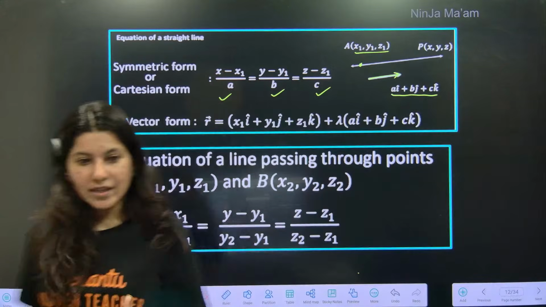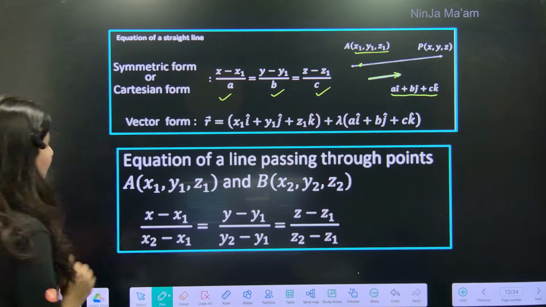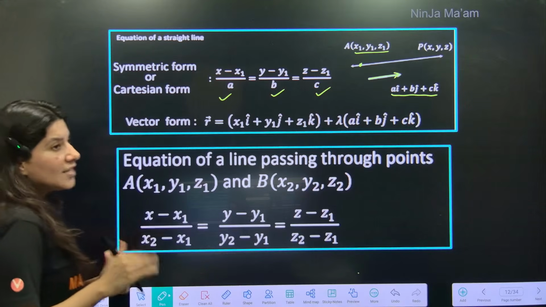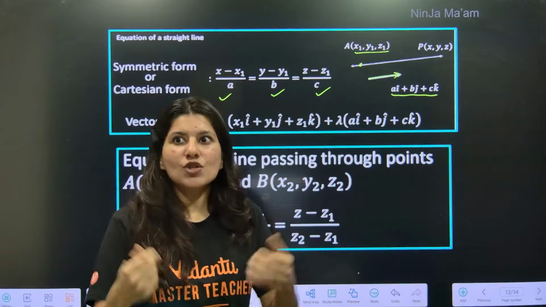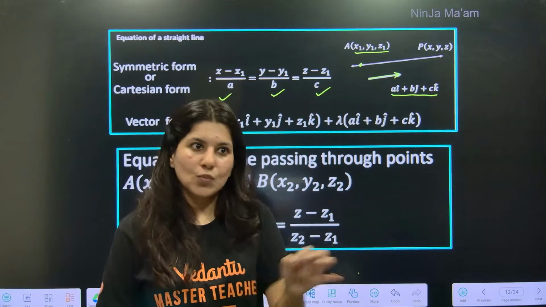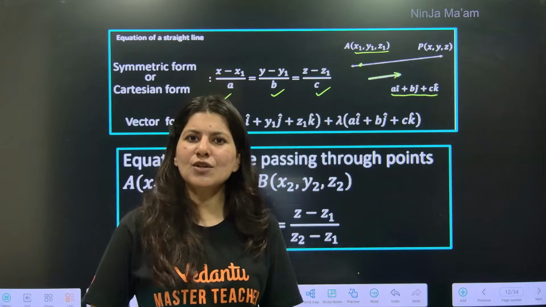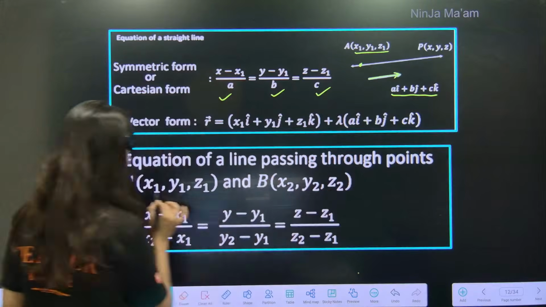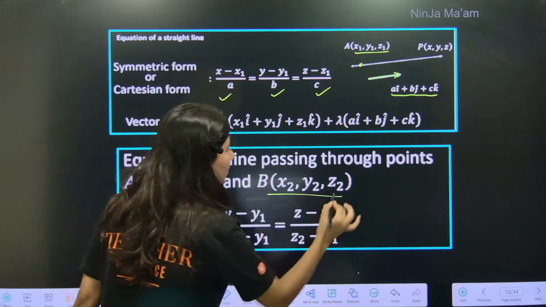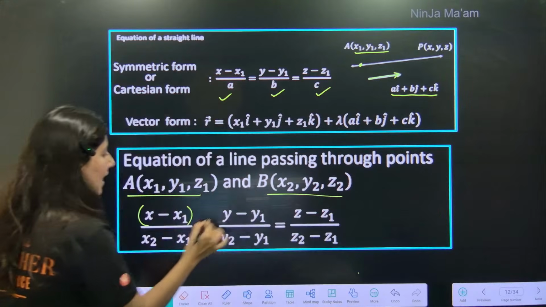Now, one more thing. If instead of giving one point and one direction, they give you 2 points lying on the line, can you write the equation of the line? Absolutely. I'll tell you how. For the equation of a line passing through these 2 points, point number 1 and point number 2, the numerator will be exactly the same.